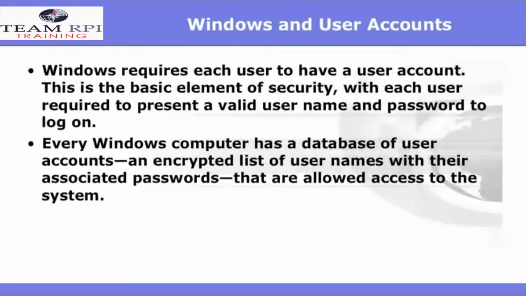Windows requires each user to have a user account. This is the basic element of security, with each user required to present a valid username and password to log on. Every Windows computer has a database of user accounts, an encrypted list of usernames and their associated passwords.